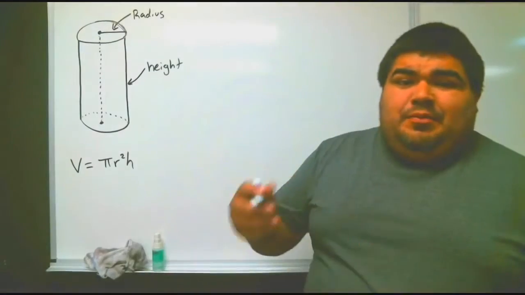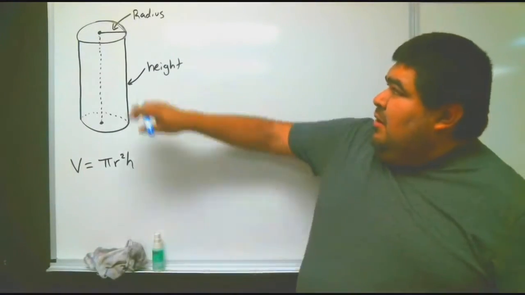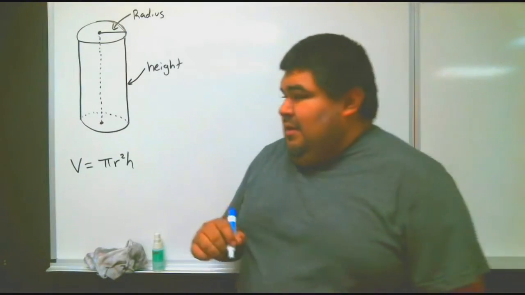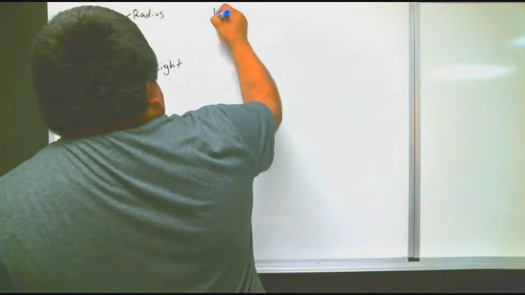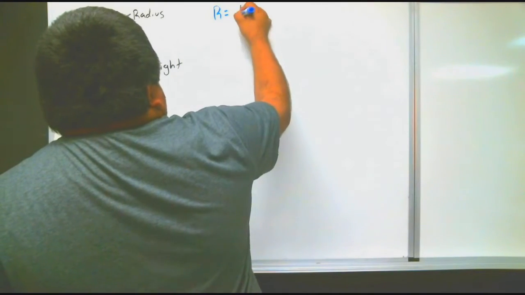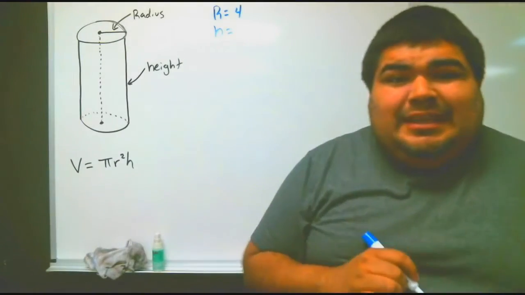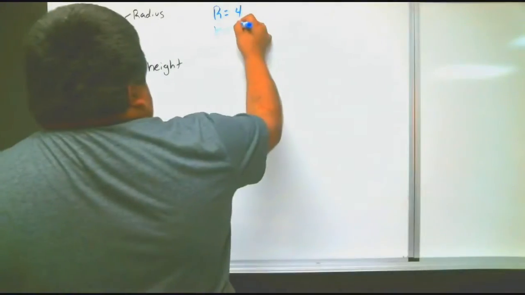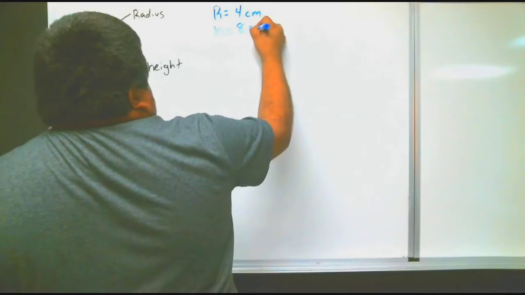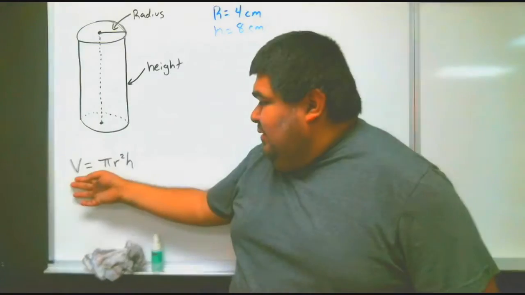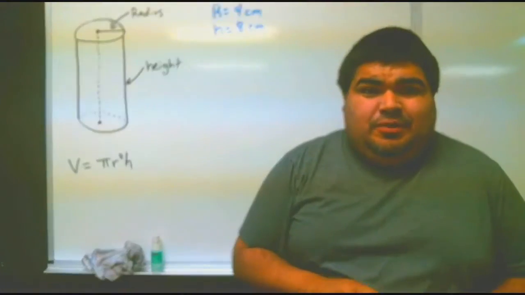So for example, if the radius in this cylinder is 4 and our height is 8, it's all centimeters, we can plug into this equation to solve for this cylinder.